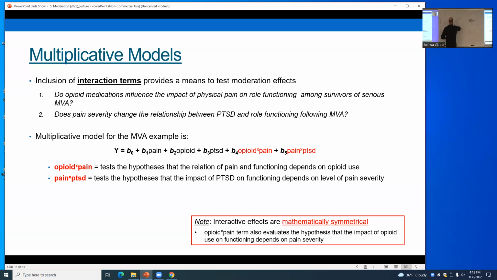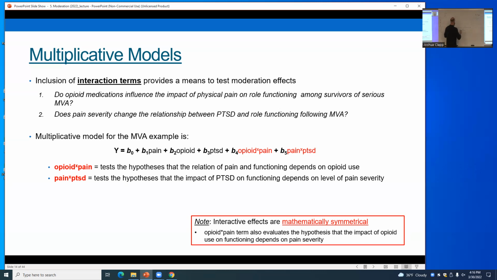What am I fine? This doesn't necessarily make sense. This is pain functioning and You know?